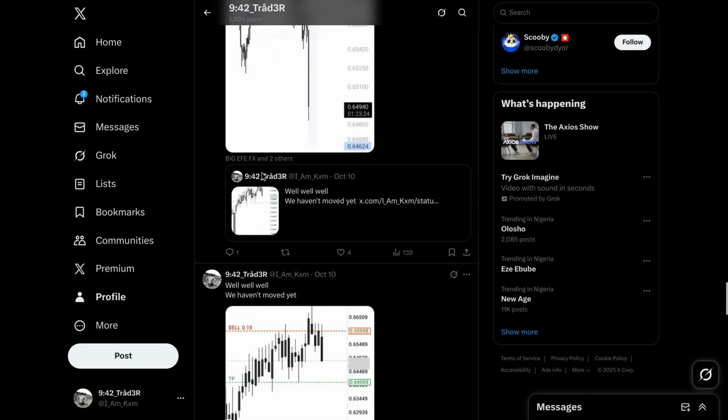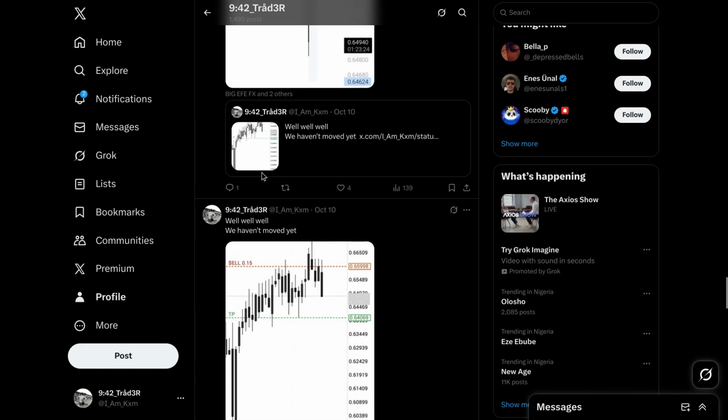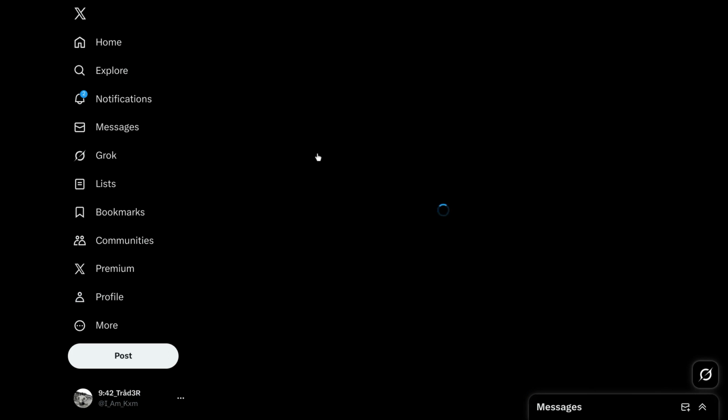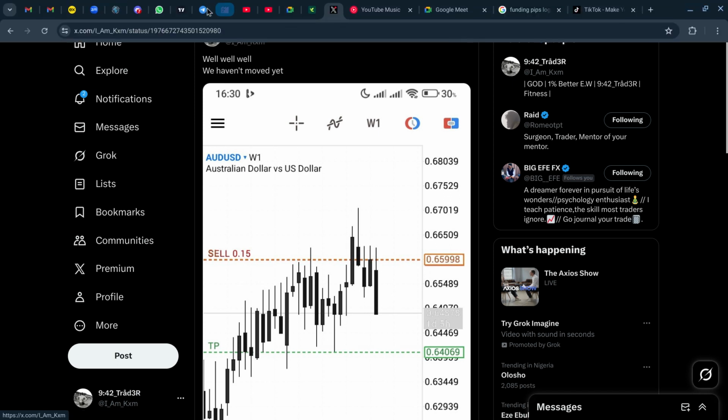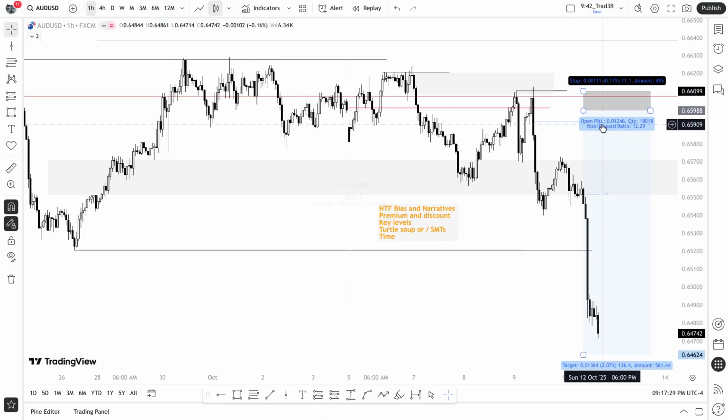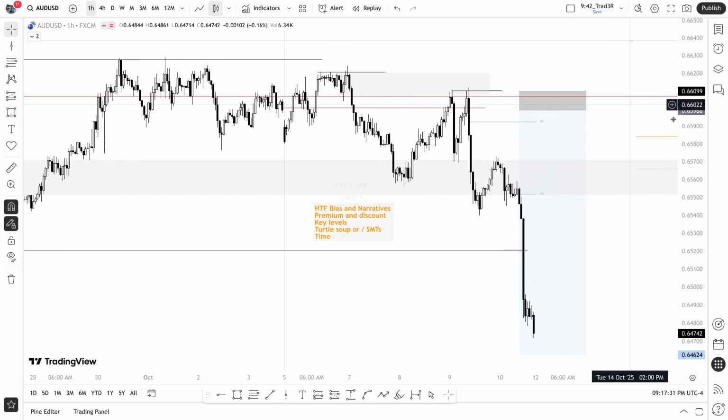All right, so this is AUD/USD. This was the execution I took on AUD/USD around that price point. You can see the entry is 0.65998, and the entry here on TradingView is 0.65988. That was when I manually executed the trade, and you can see how it played out.